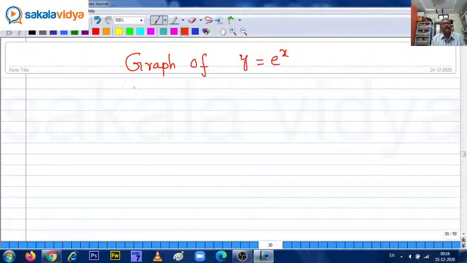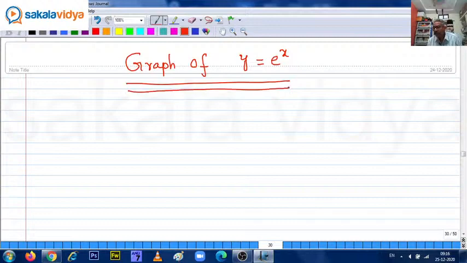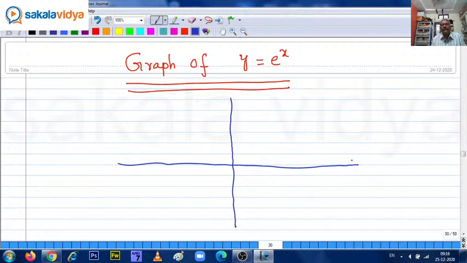Sometimes we may be asked to draw the graph of y is equal to e power x also. This is x-axis, x dash, y and y dash.